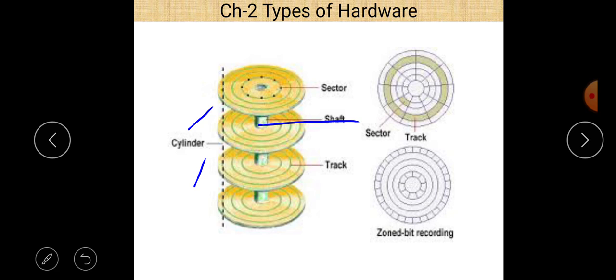You can also get a second cylinder, if you add the second track of the first platter, second track of the second platter, and second track of the third platter. So you are also able to get a cylinder. So this is the diagram of a hard disk.